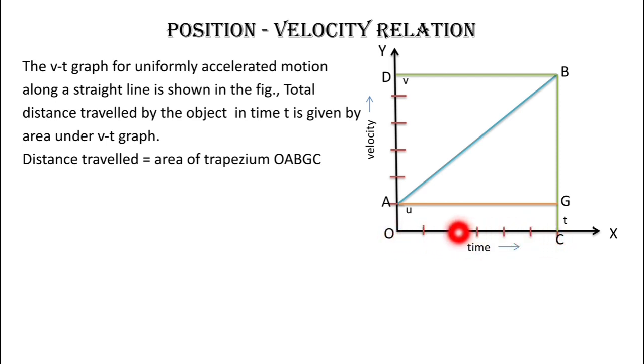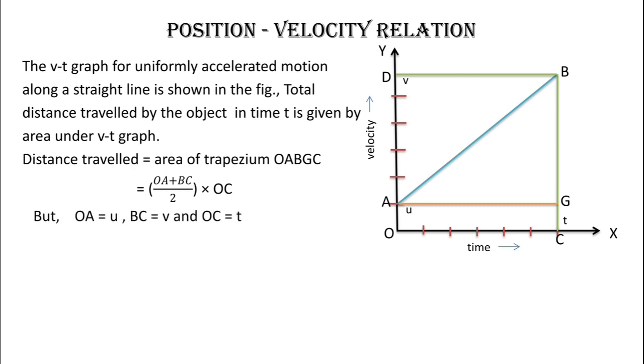And we know the formula of the area of a trapezium is the sum of parallel sides into the perpendicular distance between them divided by 2. Hence we can write the area of trapezium as (OA plus BC) upon 2 into the perpendicular distance OC.